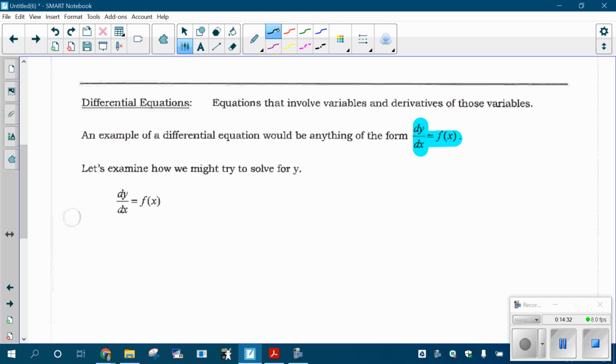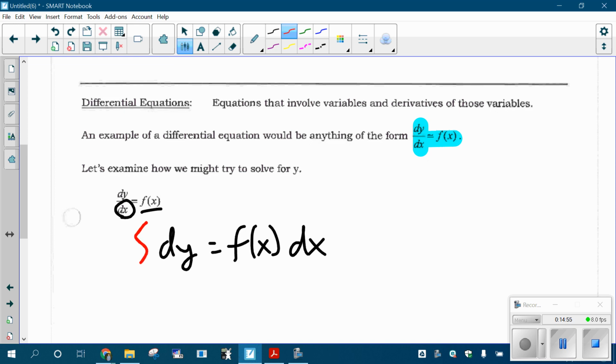Now remember, before you do the antiderivative, there has to be that little dx on the end of it. And luckily that dx is right here. So what you're going to do is cross multiply that dx over. And so then you're going to have some function. You're going to have that dx, which you need, and you're going to have dy.